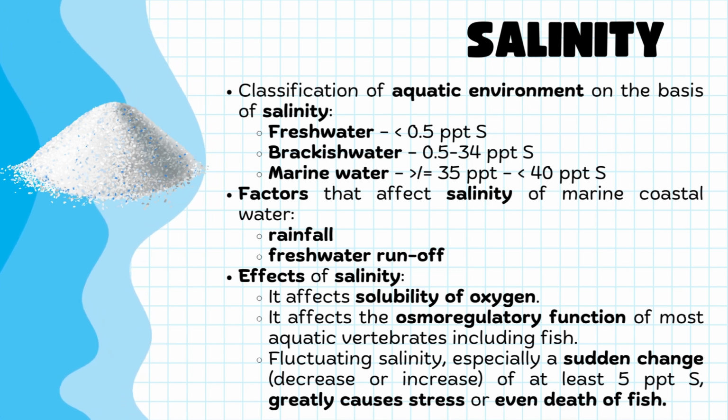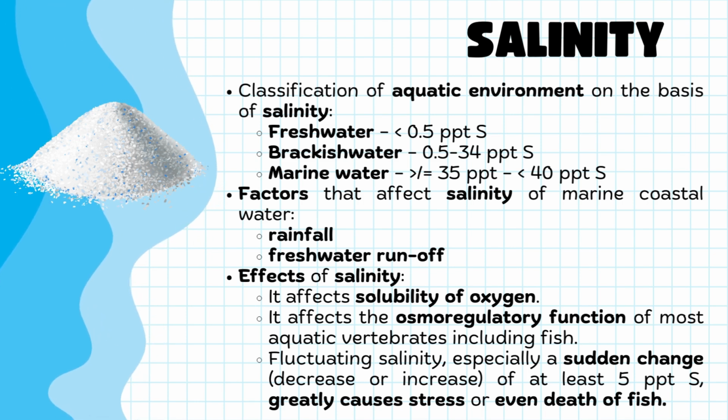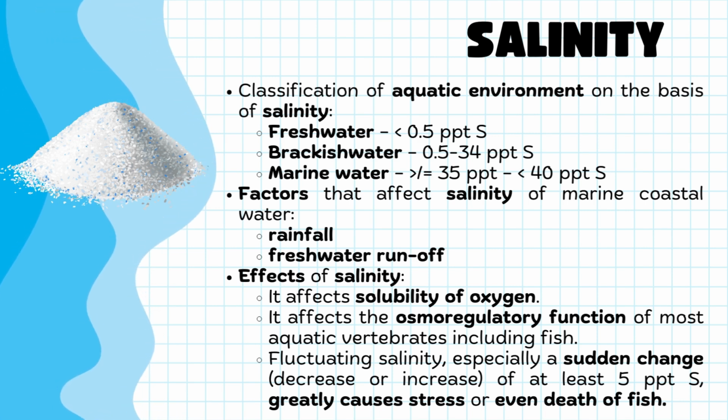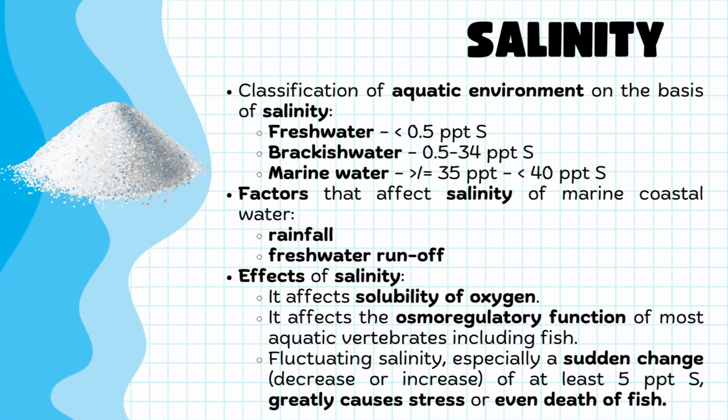Let's talk about the effects of salinity. It affects the solubility of oxygen. So the dissolved oxygen, which will be tackled later, decreases with increasing salinity and vice versa. It affects the osmoregulatory function of most aquatic vertebrates, including fish.